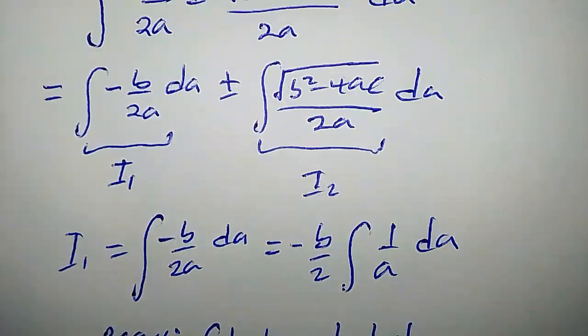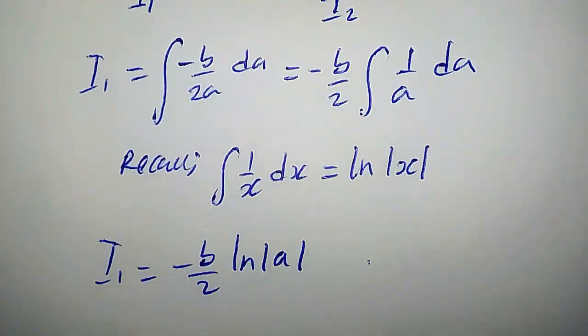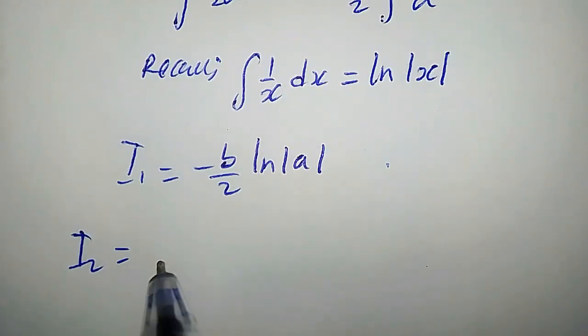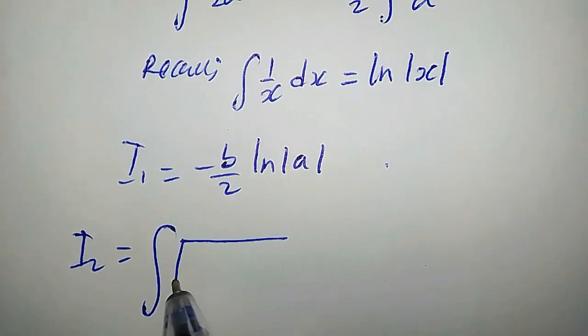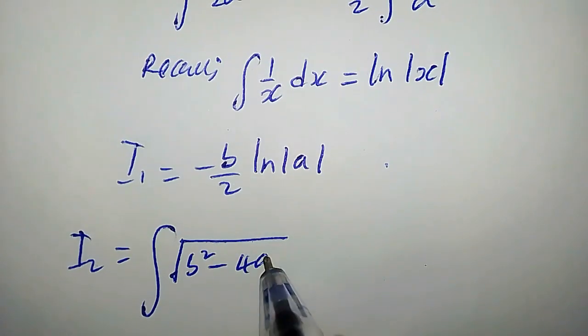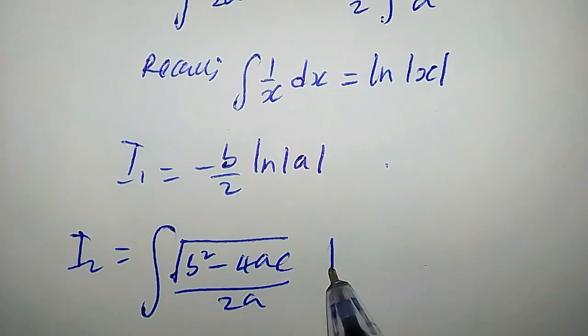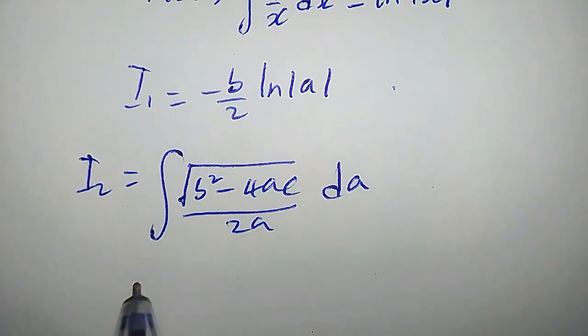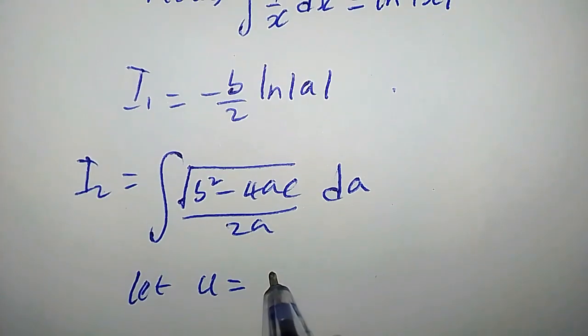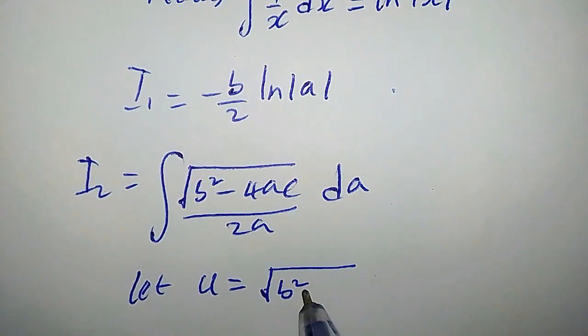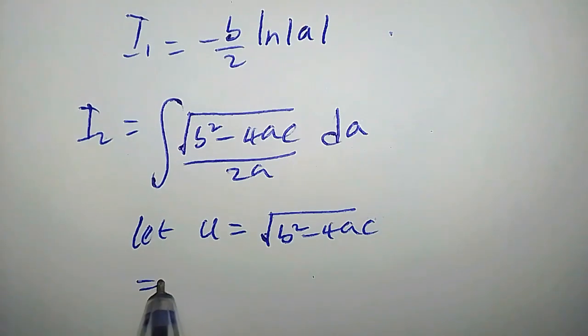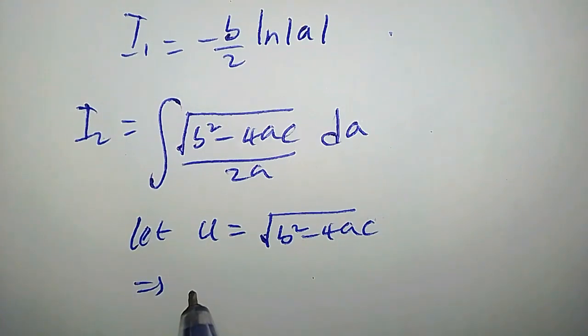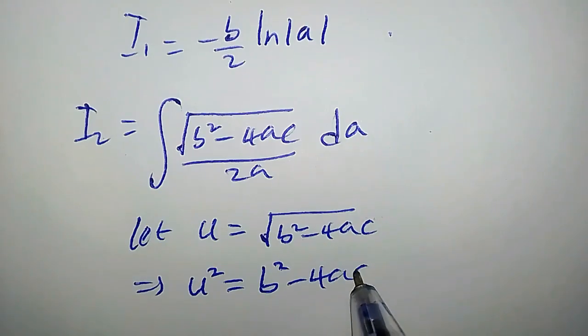Now let us consider I2. I2 is equal to the integral of square root of b squared minus 4ac over 2a dA. This integral is a bit complex, but it's pretty easy to solve. Let's suppose u is equal to square root of b squared minus 4ac. If we square both sides, we have u squared equal to b squared minus 4ac.